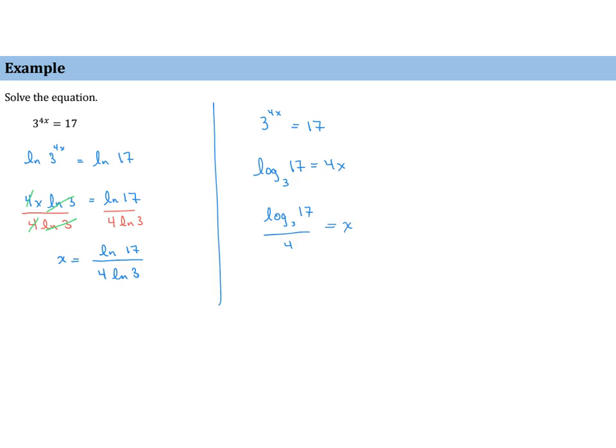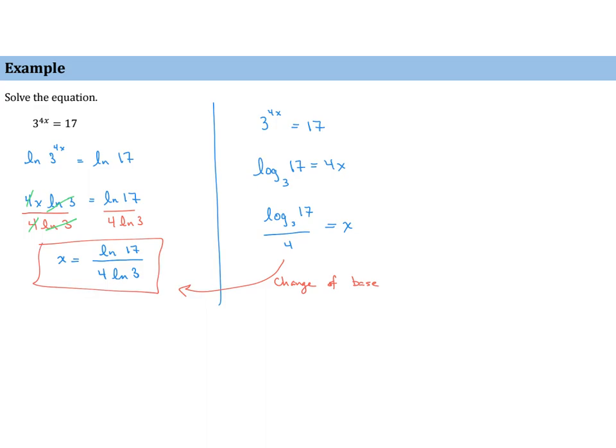The trouble we run into, not that this is wrong in any stretch of the imagination, is that log base 3 of 17 is base 3, which our calculator will not do. So we can use the change of base formula, which takes us back to the answer that we obtained here.